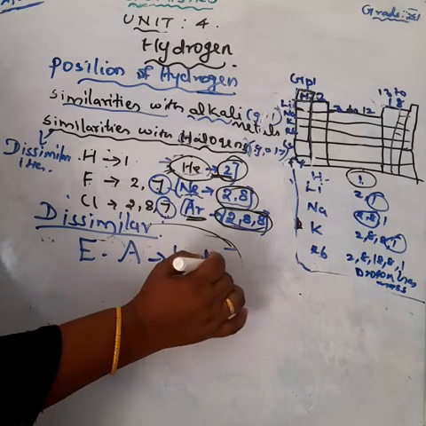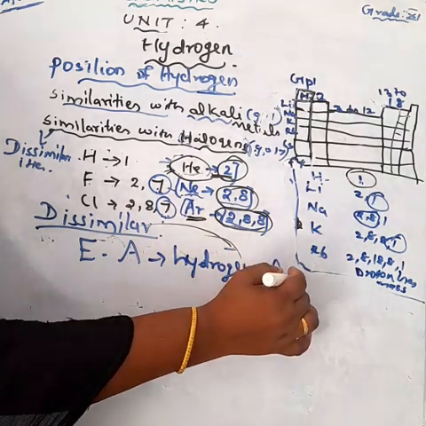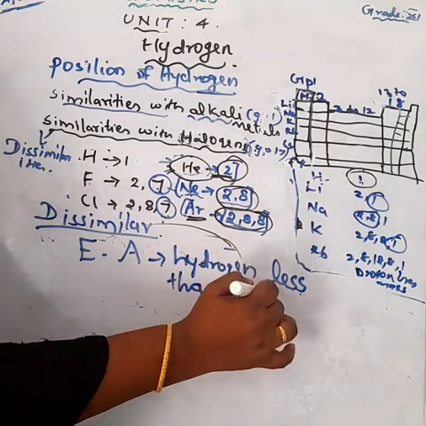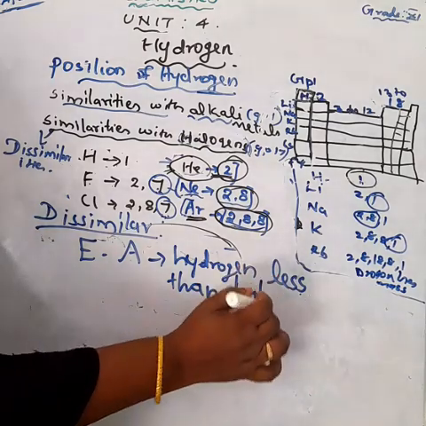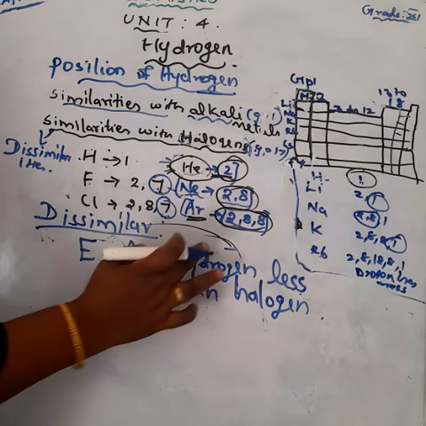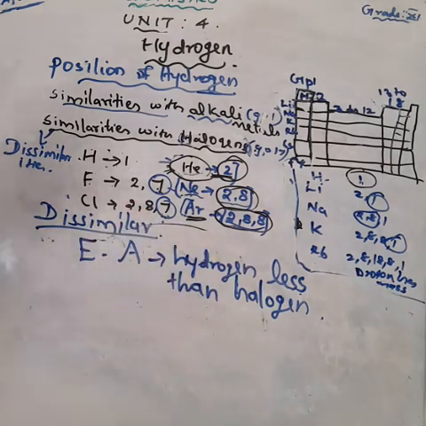Hence, the tendency of hydrogen to form the hydride ion is low when compared to the tendency of halogens to form halide ions by gaining one electron. So the tendency of hydrogen to form the hydride ion is very low.